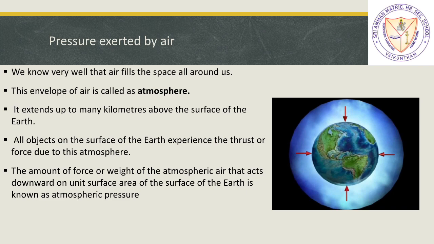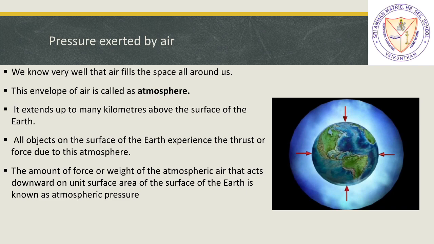That's what they say. All objects on the surface of Earth experience thrust or force by the atmosphere. Right? So this air which is present around us will always be applying some force on us or any object on the surface of this earth. That is what is shown in the picture.